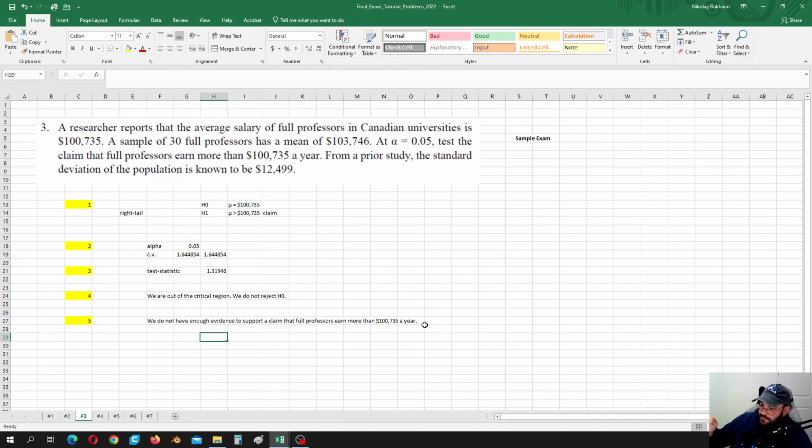So you need to clearly show what tail you consider: what is your H0, what is your H1, what is your alpha, what is your critical value if it's the critical value method, what is your test statistic, and what conclusions you have. That's it. This is problem number 3, hypothesis testing using the critical value method. Let's move on to problem number 4.